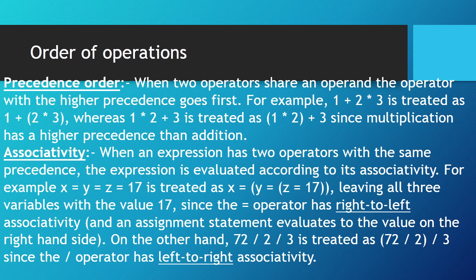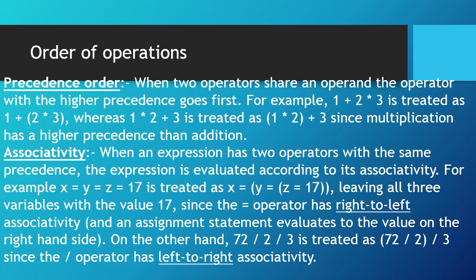Because here the operator is equal to, the expression is evaluated from right to left. That means first the value 17 is assigned to z, then the value of z, which is 17, is assigned to y, and then the value of y is assigned to x, leaving all three variables with the value 17.